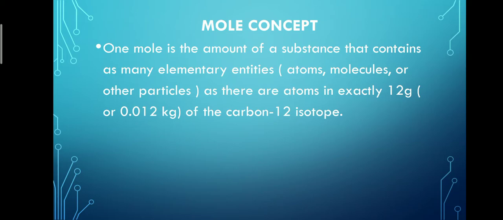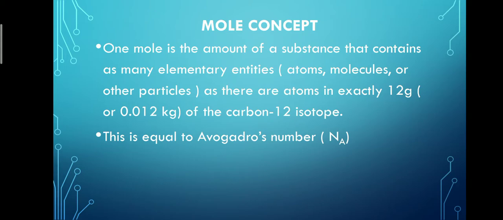So here we are taking carbon 12 isotope as a reference, and with that reference we are doing all these things. It is equal to the Avogadro number, denoted as Na, and the Avogadro number Na is equal to 6.023 × 10^23.